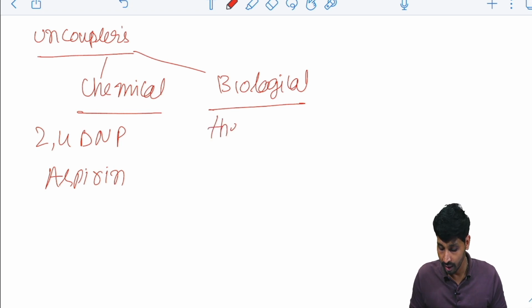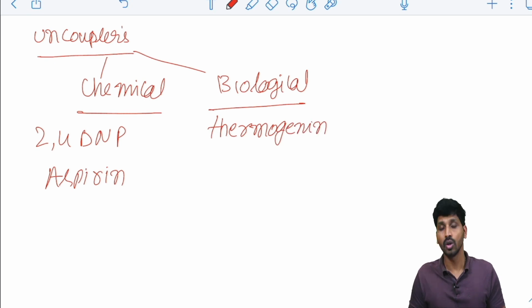Thermogenin is a protein present in the brown adipose tissue of infants. That's why a baby's temperature is always high, because in this brown adipose tissue, instead of ATP production, most of the energy is dissipated as heat.